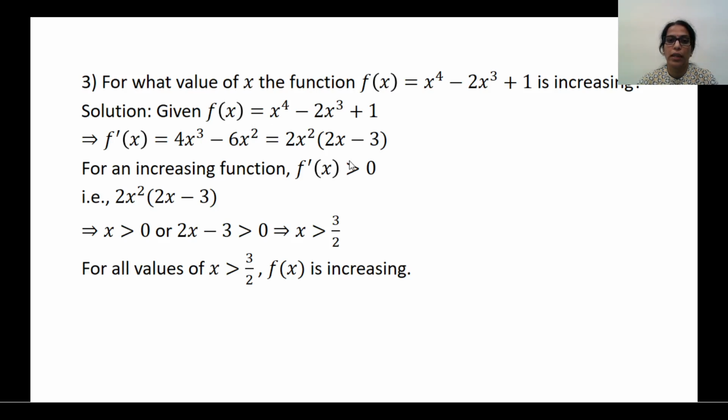So now we have to find out the range for which the function is increasing. That means this must be greater than 0. So this is greater than 0 means x square is greater than 0 and 2x minus 3 must be greater than 0, which implies x is greater than 3 by 2. So for all values of x greater than 3 by 2, the function f of x is an increasing function.